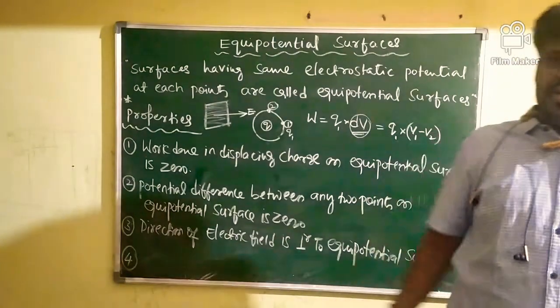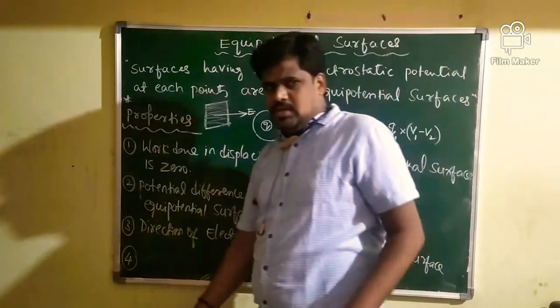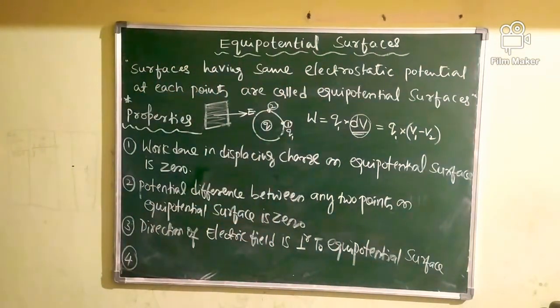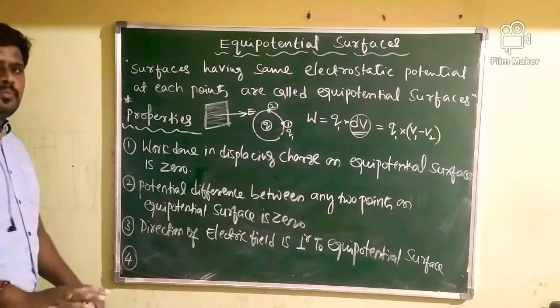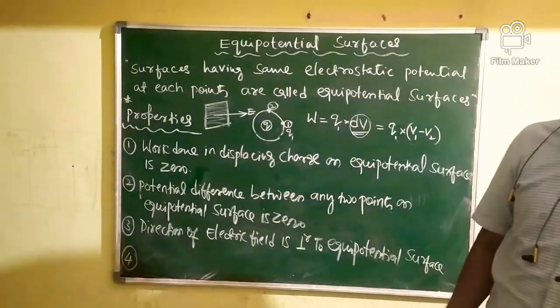If we consider the number of equipotential surfaces for a given charge, the equipotential surfaces never intersect each other.